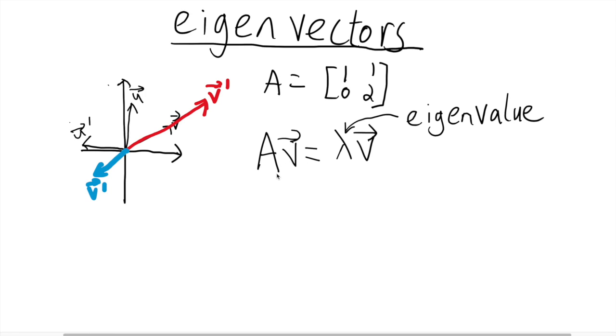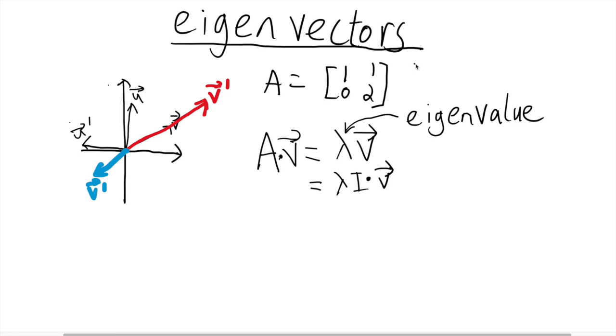Some of you may think that we can just take the lambda v over to the other side and then factorize the equation, but we actually can't, because on the left-hand side we have matrix multiplication, but on the right-hand side we have scalar multiplication. To fix this, we could rewrite the right-hand side as lambda I multiplied by v.